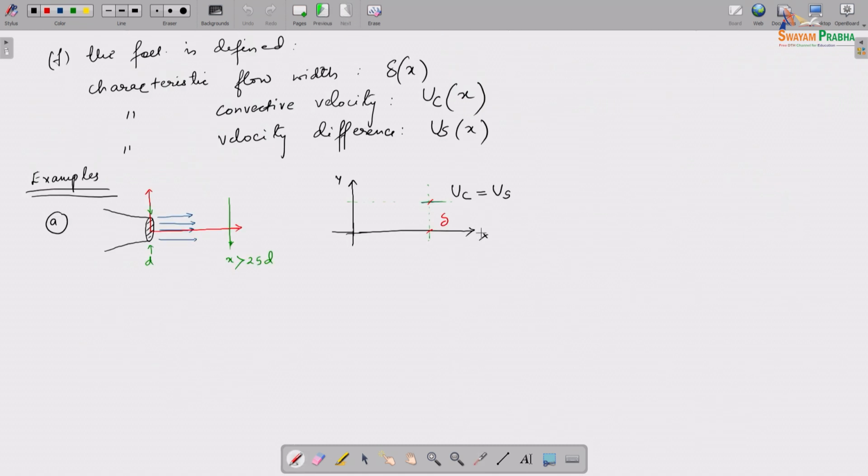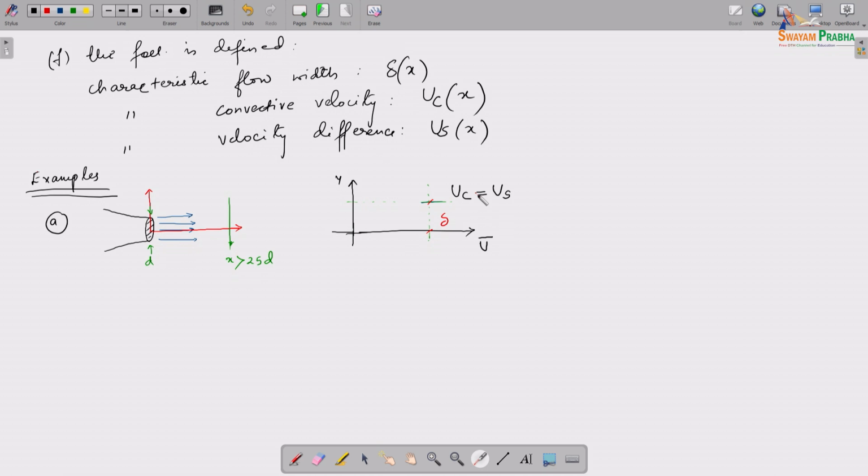Now I am going to write this, and I am going to say this is u mean. This is a mean quantity, and then I am saying that at some distance, which is a characteristic flow width, it could be r half for that matter in this particular case, you have a convective velocity which is equal to the difference in velocity.